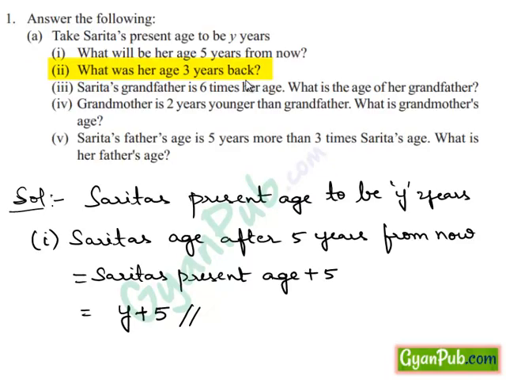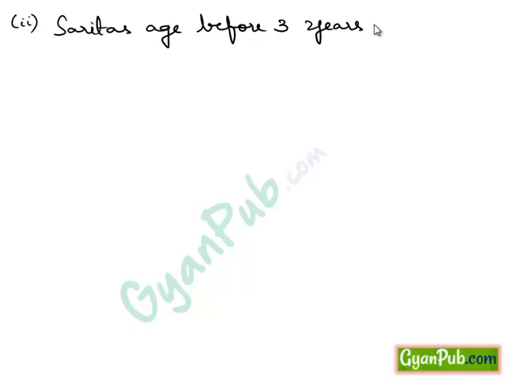Now moving on to the second bit. What was her age 3 years back? The solution for this is Sarita's age before 3 years is equal to Sarita's present age minus 3.